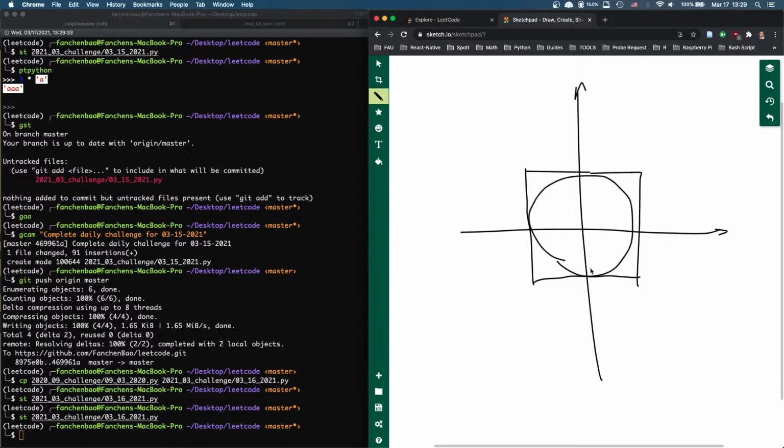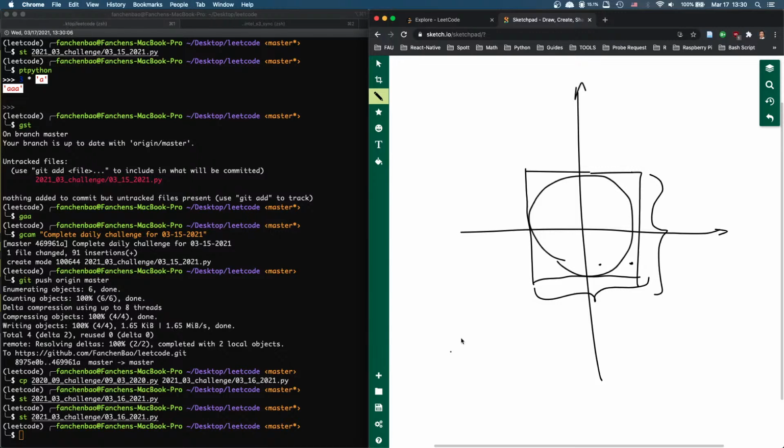Just take a uniform random value here, and a random value here, and that will be a point inside. Once we generate it, we run a check. If a point is out here, we discard it. If it's inside, then we keep it. Because if it's randomly distributed inside the square, it should also be randomly distributed inside the circle.